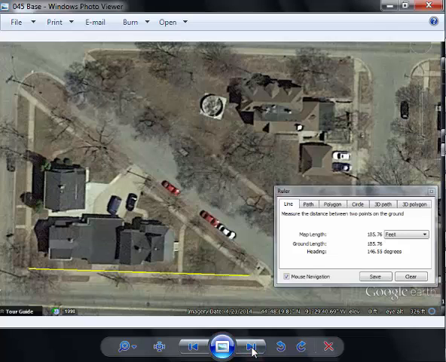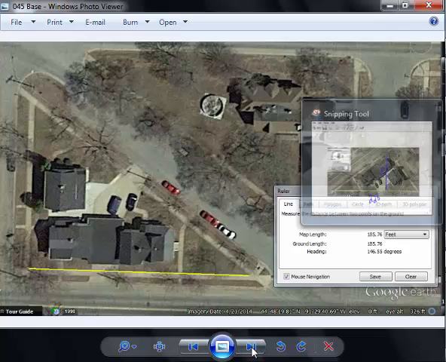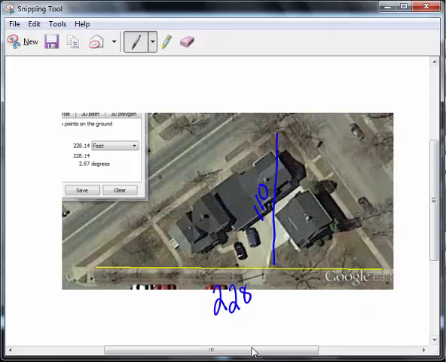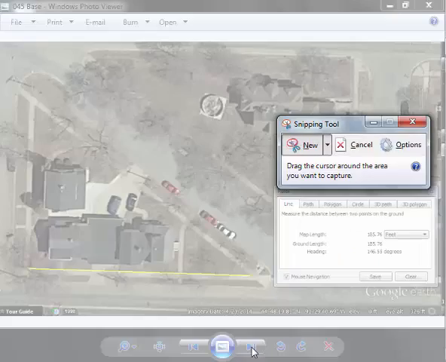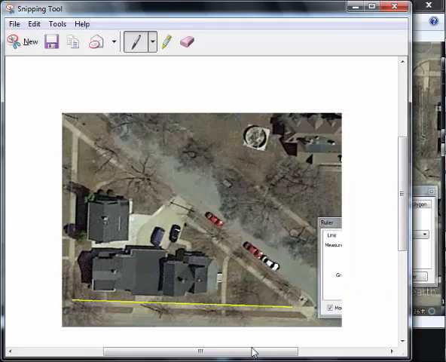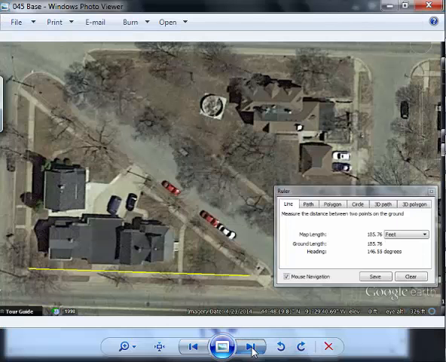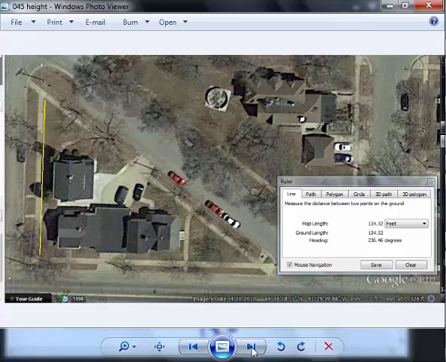Let's look at this one. This triangle has 186 feet as the length, and the height is 134 feet.